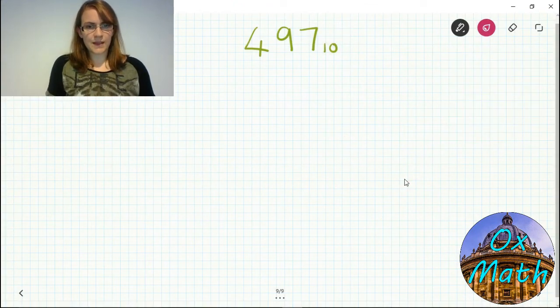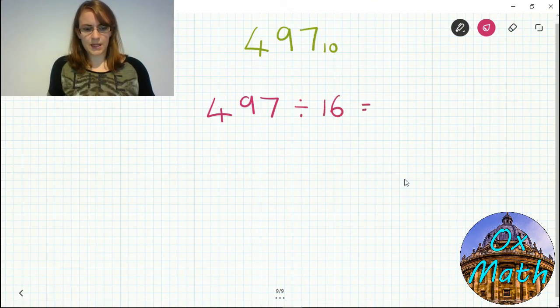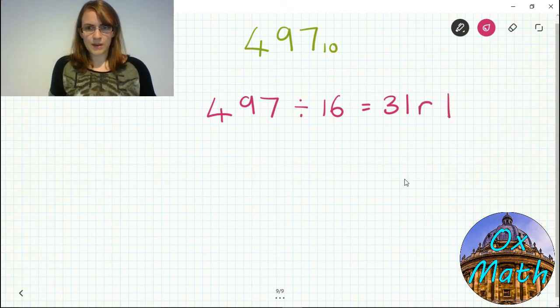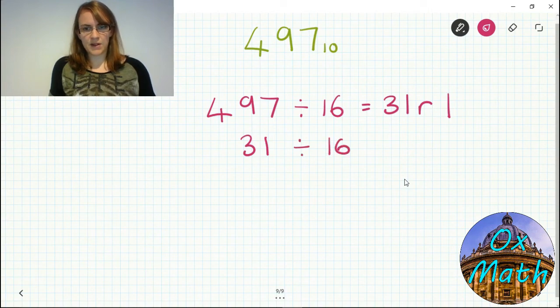So 497, we need to split it down, see how many 16s go. So 497 divided by 16 is 31, remainder 1. So then we need to see how many times we can split this 31 into 16, which goes 1, remainder 15.